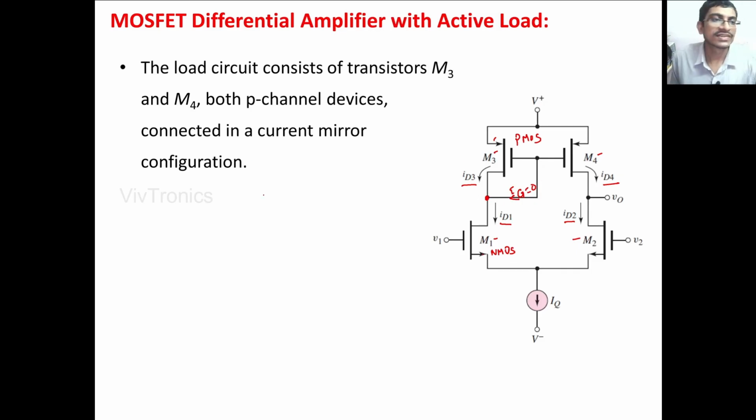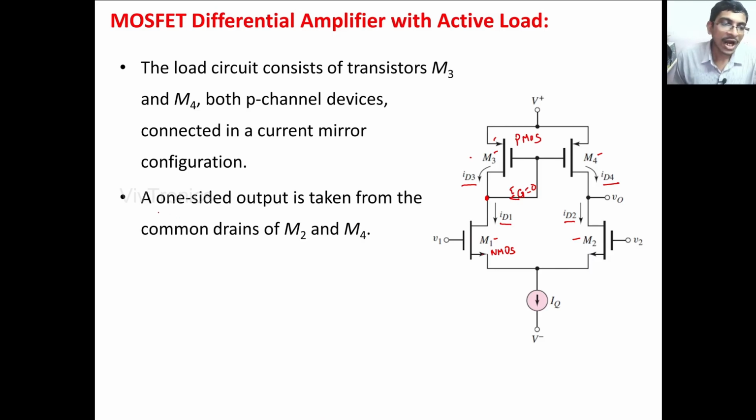So here we can say the load circuit consists of transistors M3 and M4. Both are p-channel devices connected in the current mirror configuration. Here Q3 and Q4 are the loads, which are p-channel MOSFETs connected in the current mirror configuration.